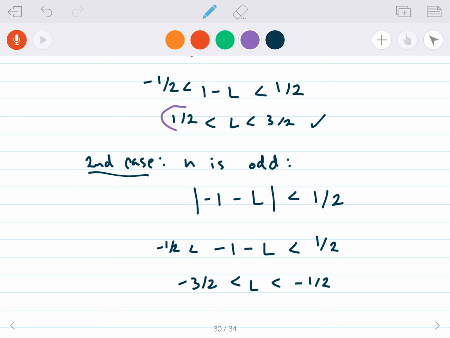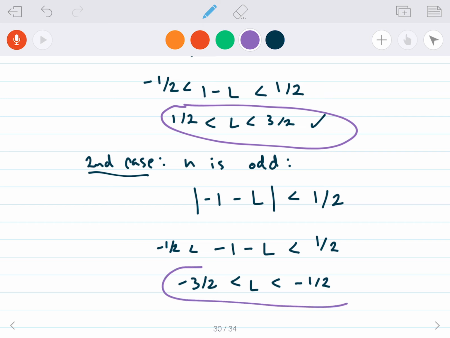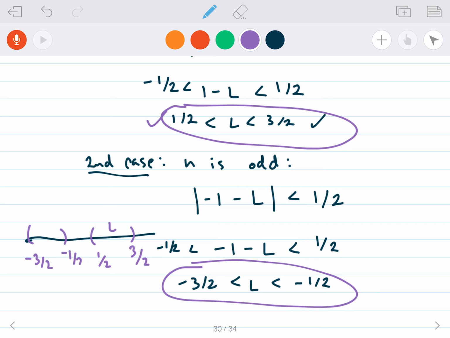So I get these two things, and this is a contradiction because remember, limits are unique. We proved this. For the first case, my limit L is between a half and 3/2, and I also have my limit between -3/2 and -1/2 from the second case.